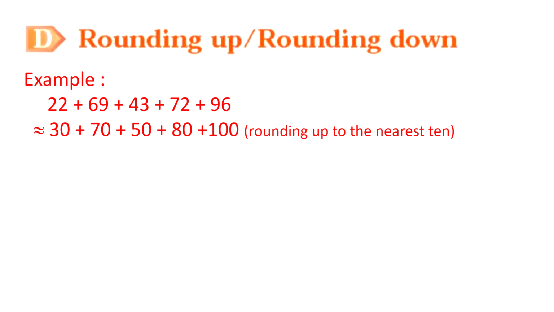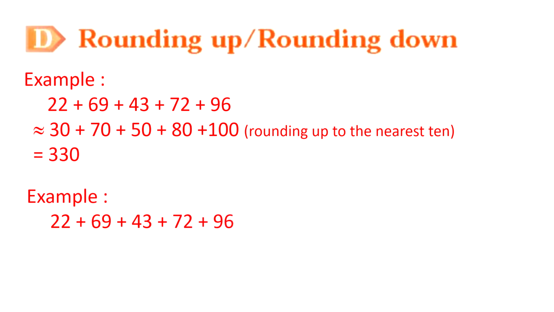So 22, when rounding up, we will get 30. 69, when rounding up, we will get 70. 43, when we rounding up, we will get 50, etc. Okay, this is rounding up.